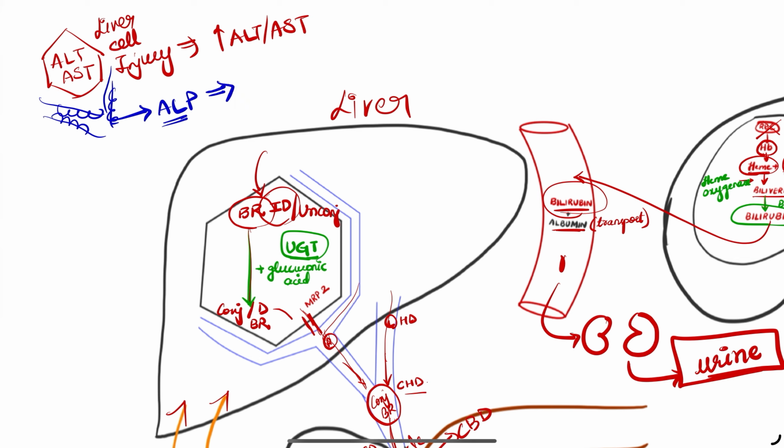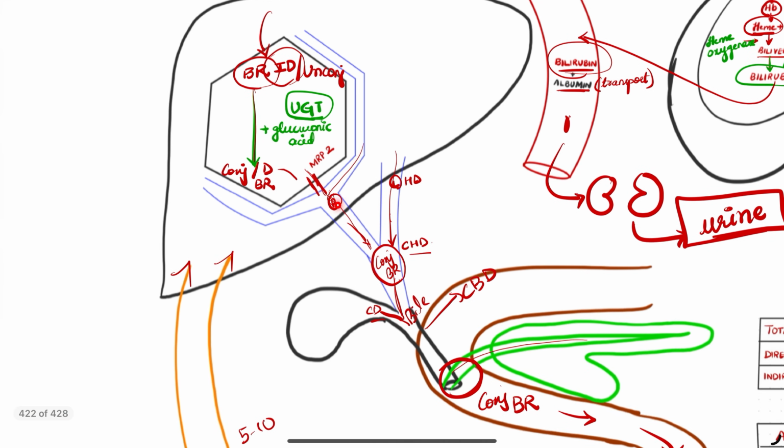So whenever there is a pathology in the biliary canaliculi or the bile duct, it will result in an increase in ALP. So a rise in alanine and aspartate transaminases indicates liver cell pathology. A rise of ALP indicates more of gallbladder or biliary obstruction.